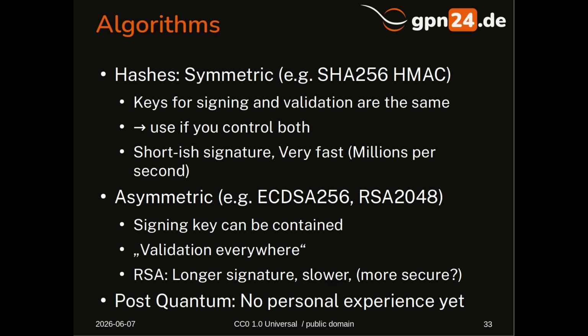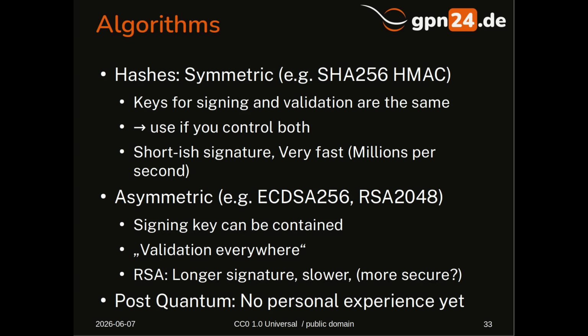Then use this, because these signatures are super fast, like millions per second on a CPU core. So they are by no means the source of your performance issue, unless you have the implementation in Python or whatever. But if you have a native implementation, they are super fast.